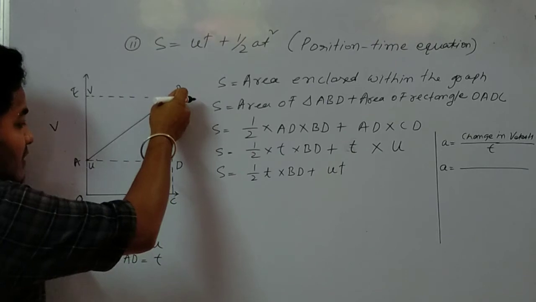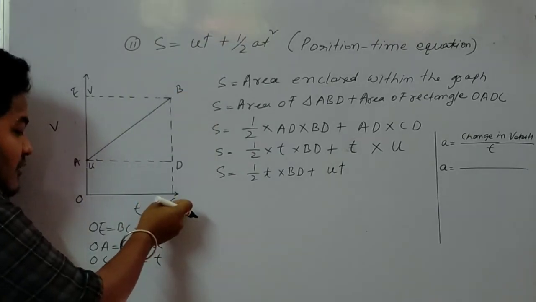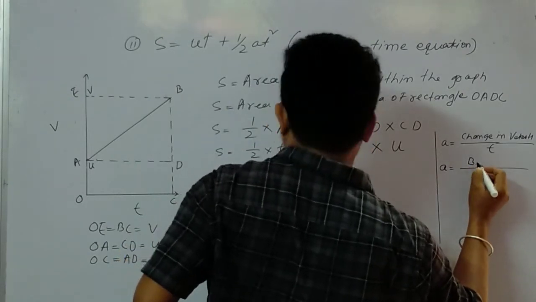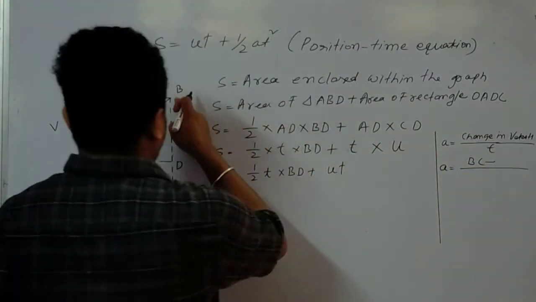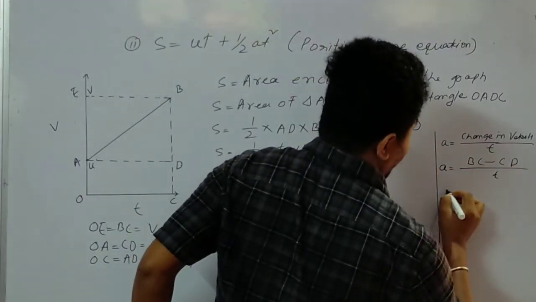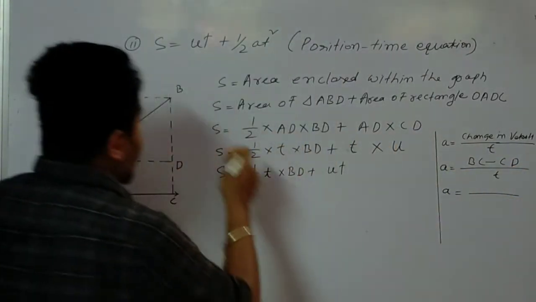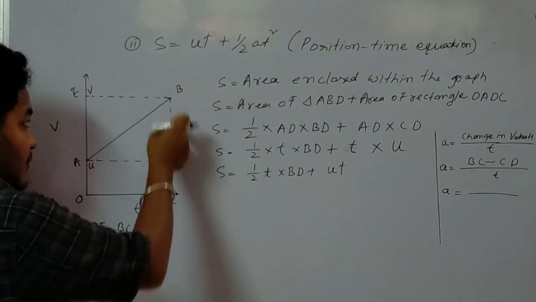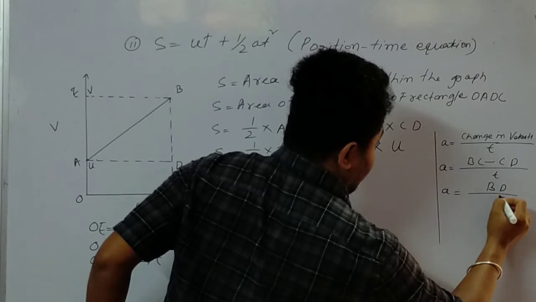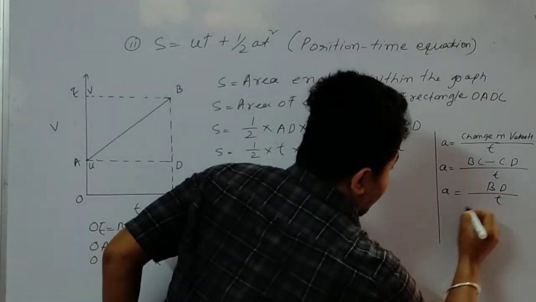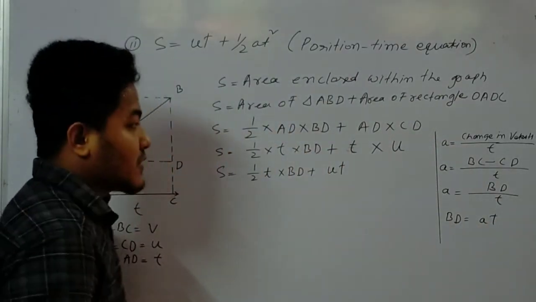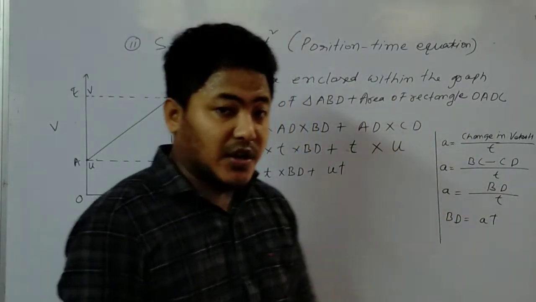Final velocity is BC and initial velocity is CD. So if I write here BC minus CD upon t, once I subtract CD from BC, we'll find BD. So BD by t is a, and the value of BD will give itself as at. These things we derived in the previous diagram also.